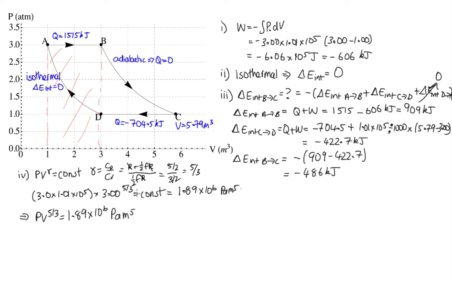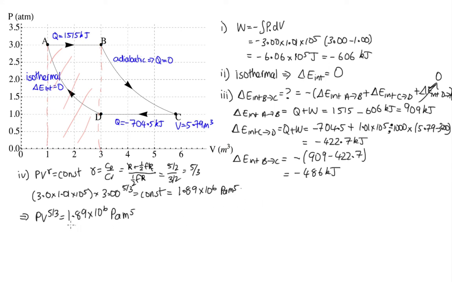So we've now answered this question, but I said before that there was a couple of ways that we could do question 3. The other way to do question 3, which we can do now just to check, is to use this equation here for relating P and V to calculate the work done in this case. And we know that because the heat is 0, the change in internal energy must be the work done from B to C as well.